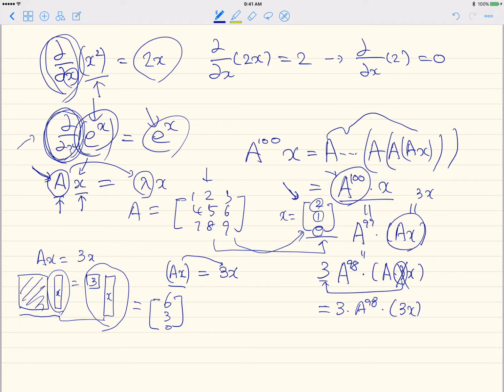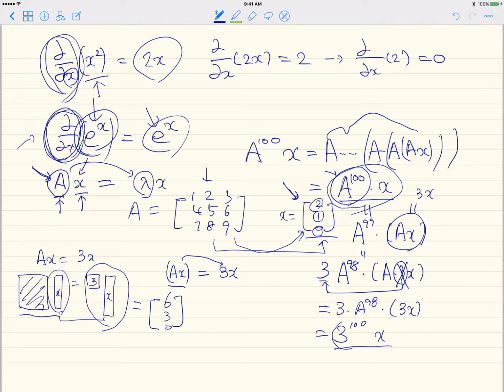So with the multiplication of a 100 times, it will become 3 to the power of 100 times x. So simply, instead of having to compute all these tedious or time-consuming matrix vector multiplication, that will become really simple as this form.